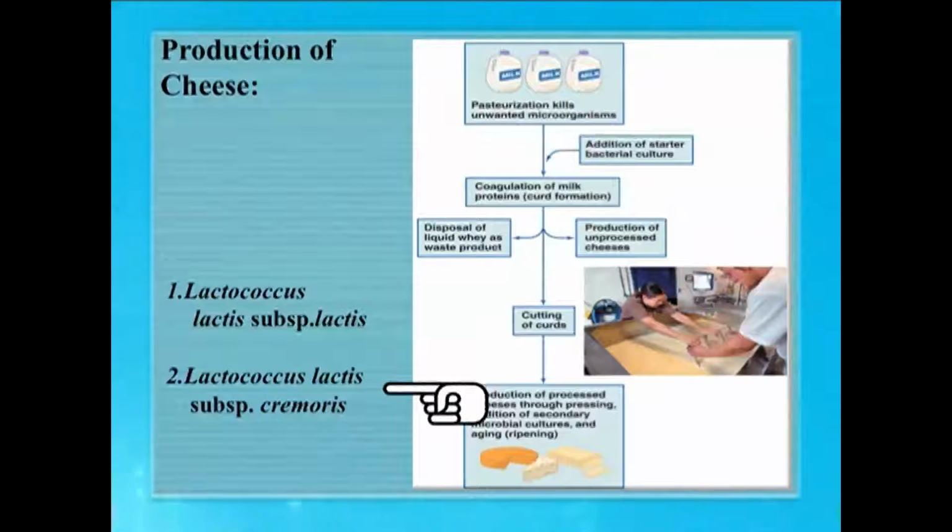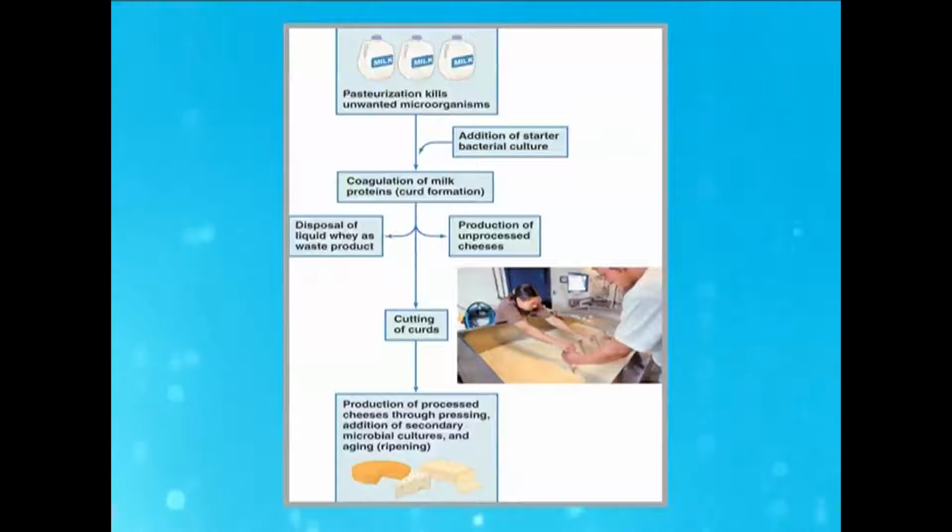During the formation of the cheese, pasteurized milk is added with this particular starter culture, and when this culture is added, the curdling of the milk takes place. After this, the whey is removed and the solid part goes in for processing, which is further subjected to ripening, and after ripening we have the formation of different types of cheese.